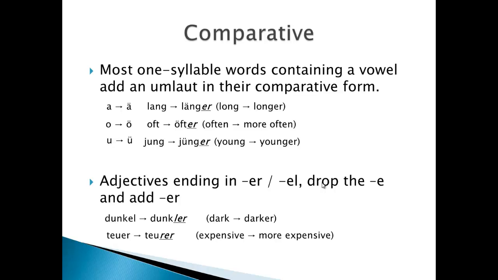Okay, healthy, gesünder, healthier. And then if you have adjectives that end in an el, like dunkel, or ending in er, like teuer, you drop that e. So it becomes dunkler instead of dunkeler, and teurer. Those are the two most common that do end with those suffixes.